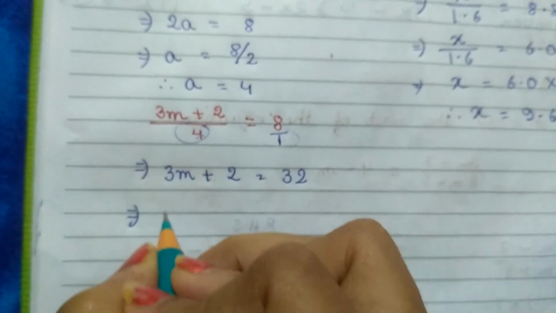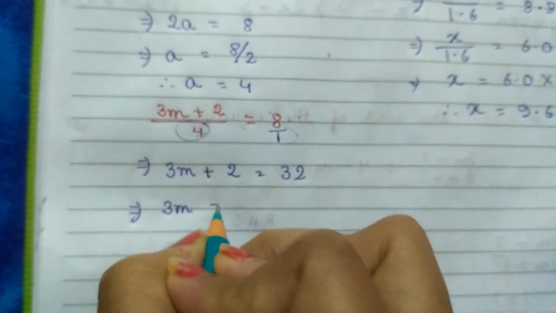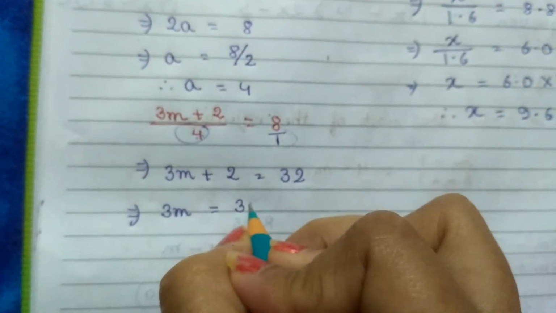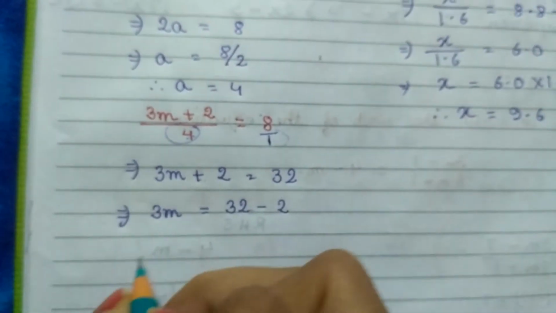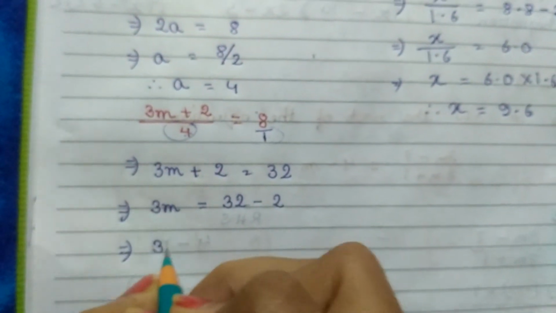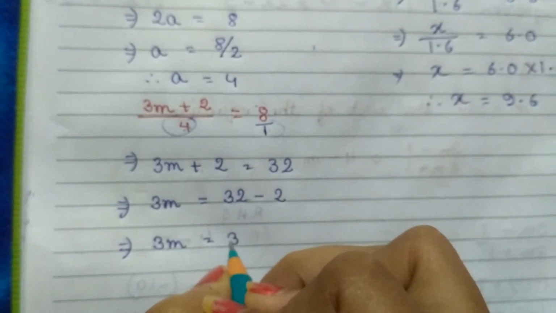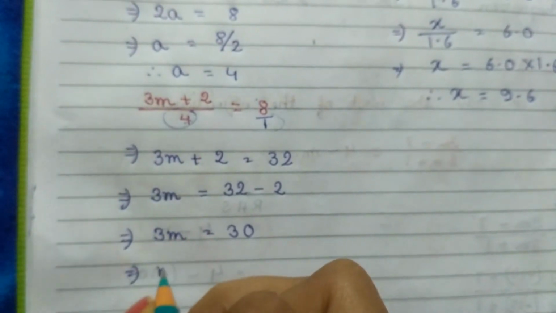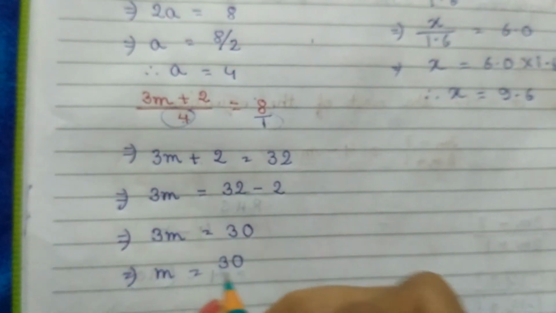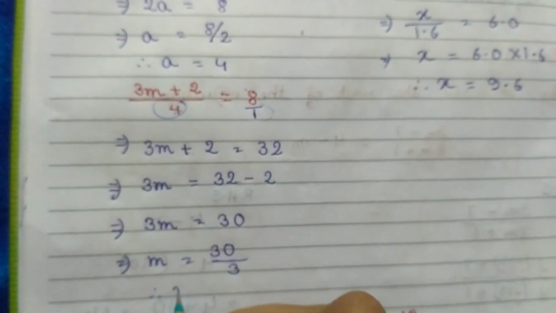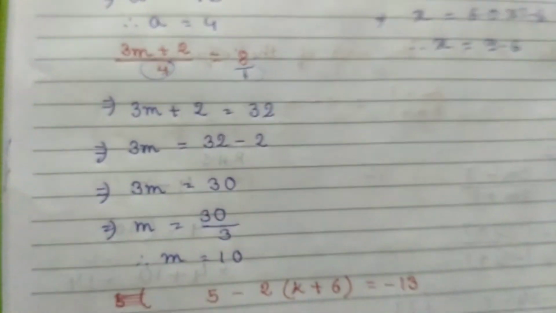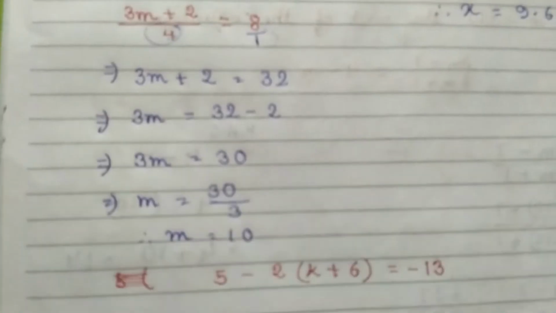Now 2 has a plus sign, so we will write minus sign with 2 when we take it to the opposite side. 32 minus 2 is 30. m equals to 30 by 3, that is m equals to 10 as your answer.